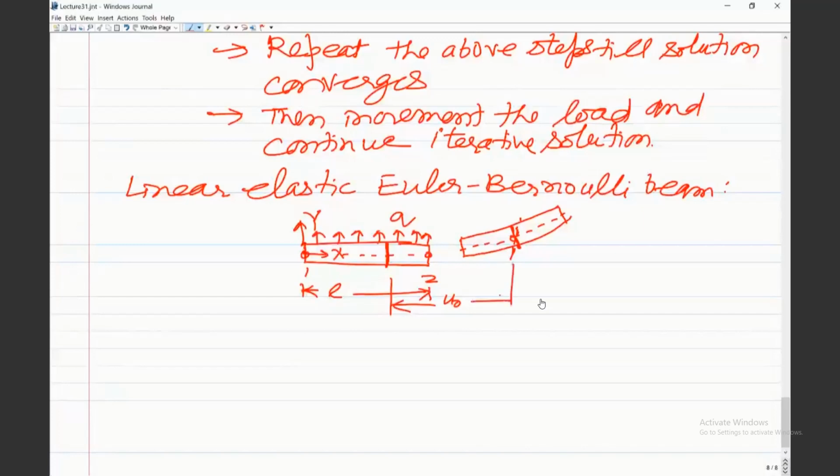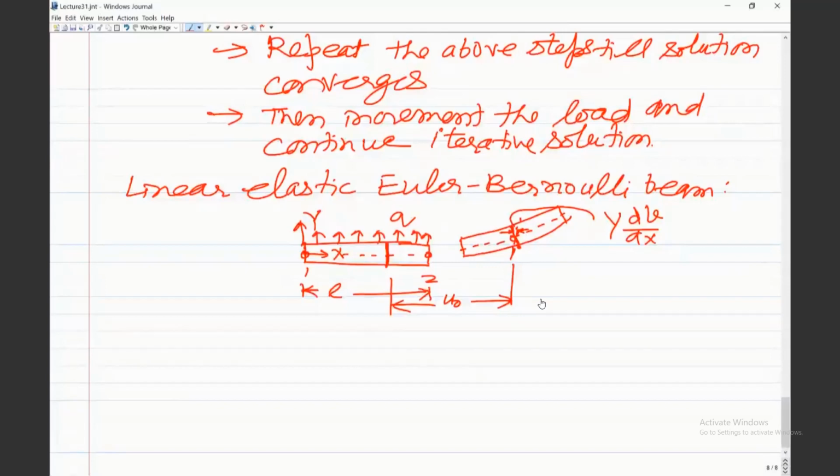And if you see here, this small displacement is y times dv by dx in the Euler-Bernoulli beam element. So then what you do, you write the displacements.